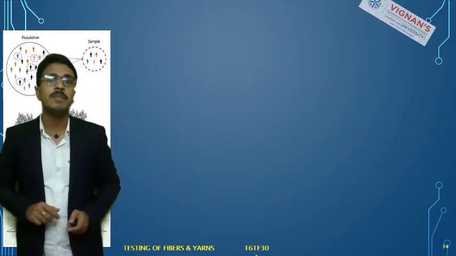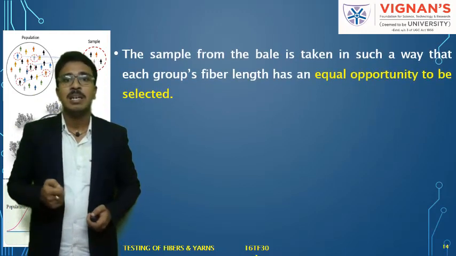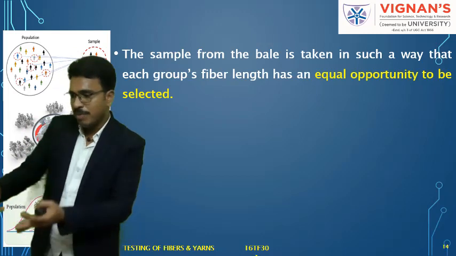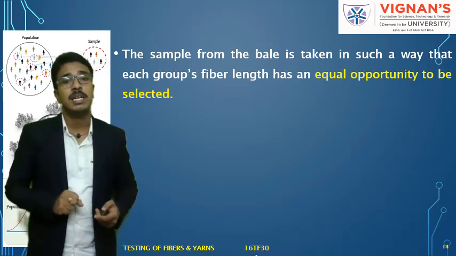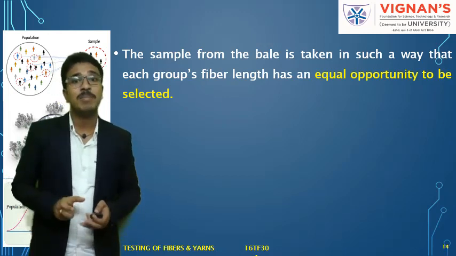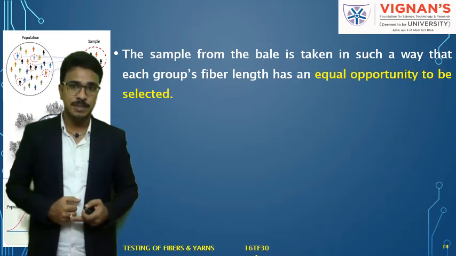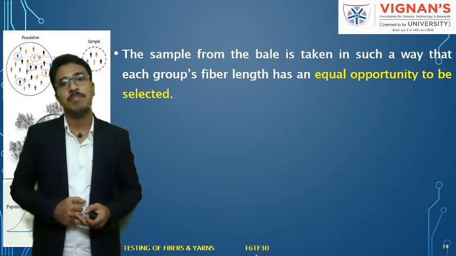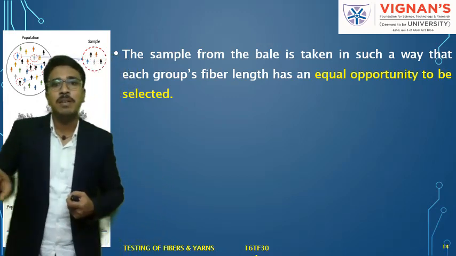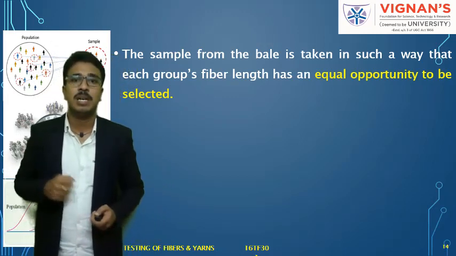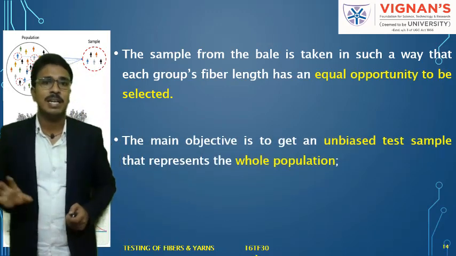So that is what the sample is: whatever we are taking from the bale should be taken in such a way that each group's fiber length has an equal opportunity of being selected to be included in the sample. That is, different parts of the bale where we should pick out the fibers, and that should be considered as a representative of the entire bulk.